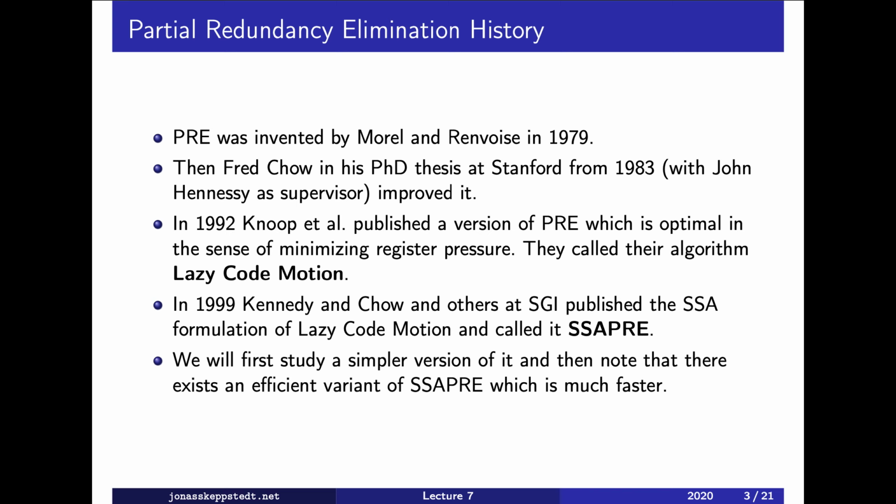Okay, so it was invented by two French researchers, Morel and Renvoise, in 1979. It uses a bidirectional data flow analysis. Fred Chow, who wrote the optimizing compiler for the Stanford MIPS X project, their research on RISC computers.